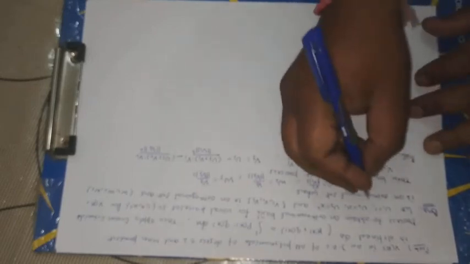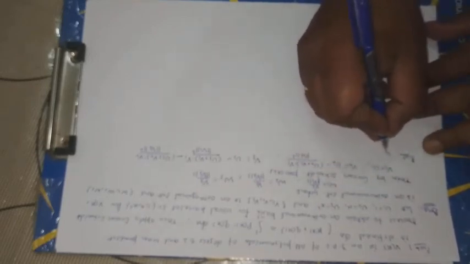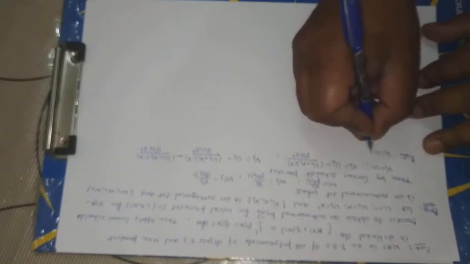But u1 is 1, that is v1 is equal to u1 equal to 1.